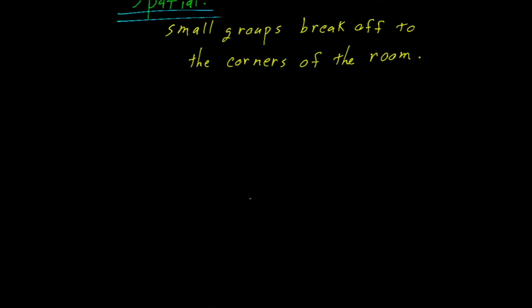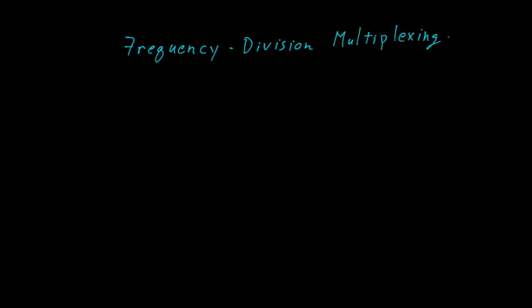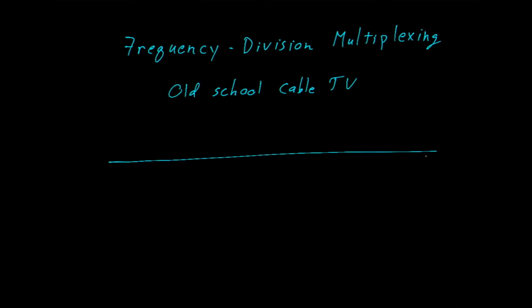Let's go ahead and take a few minutes to look at specific examples. For FDM, we could consider the old school television. In the frequency domain, each channel is assigned a specific location.